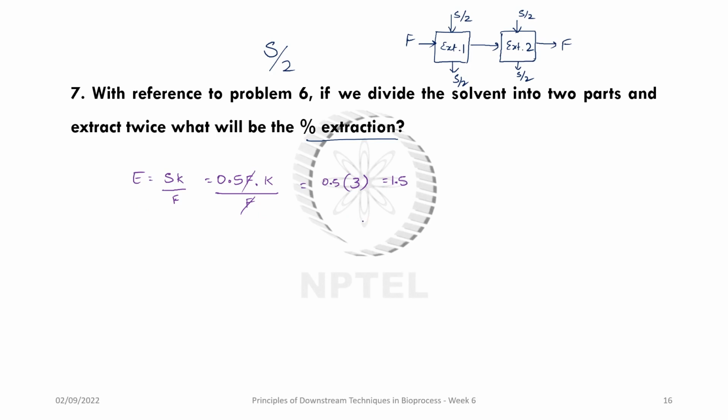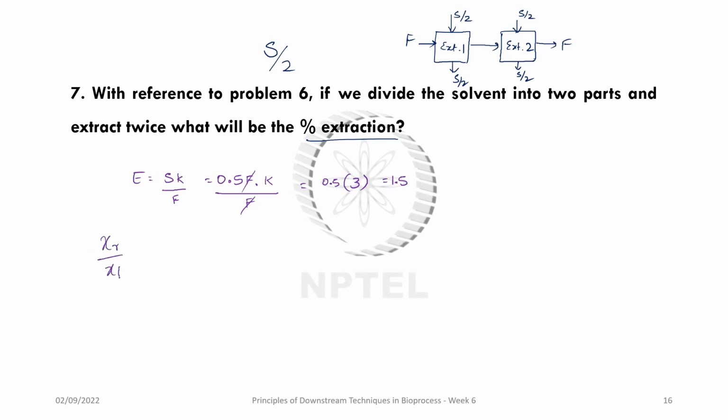Shall I proceed? So instead of a single load of solvent, you're splitting it into two solvent streams in two different extractors, and you will be calculating E for a single batch process, right? So here you have 1 by 2 coming in, so therefore the E is no longer equal to K, and it is half of the original value that you had for the previous question. So it is 1.5.